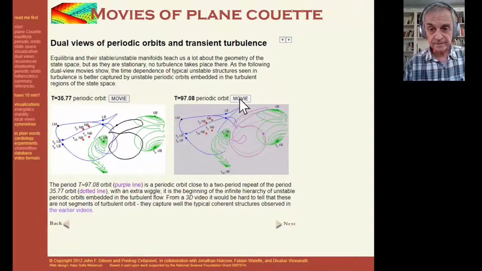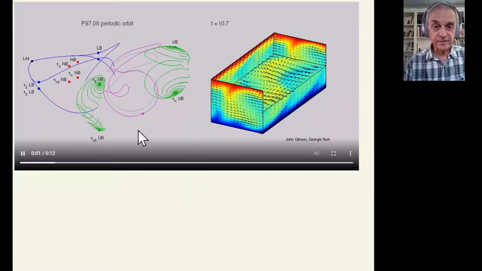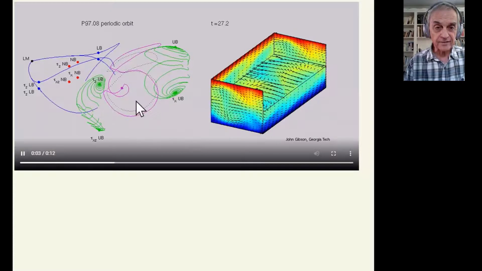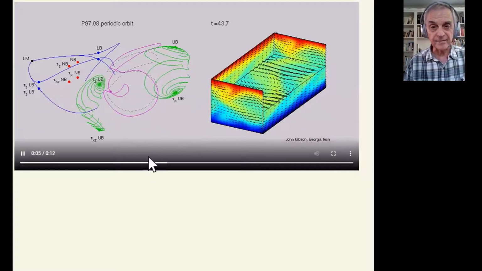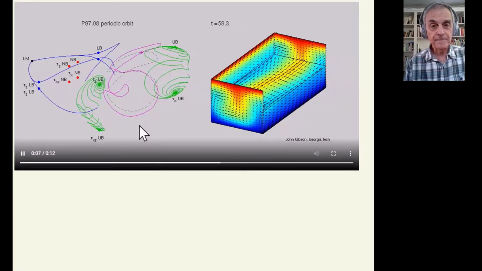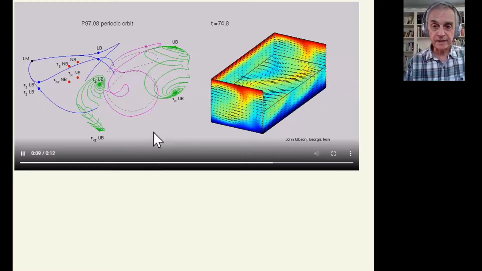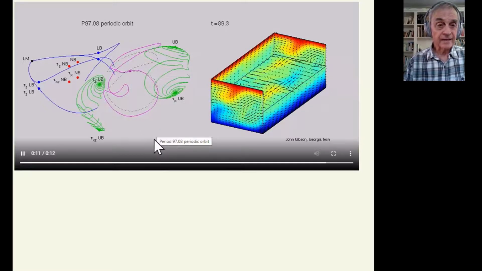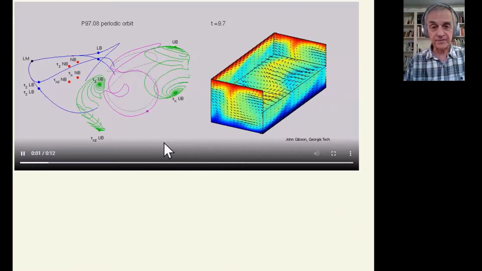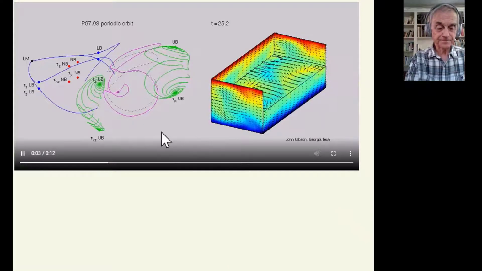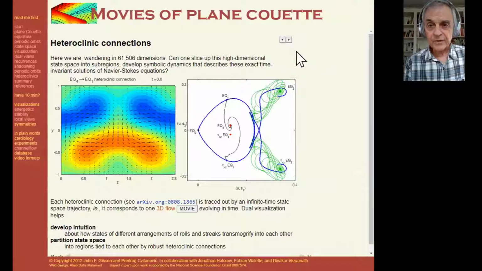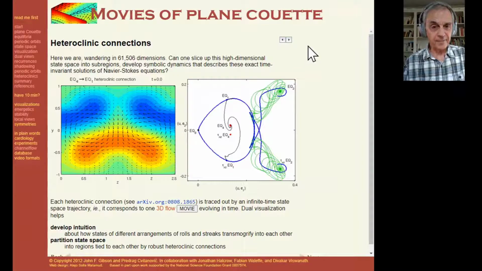So here's another example. This is a solution that does a little twiddle dance, doesn't have a symmetry, goes over there. So it's different from the one I showed you before. And it's exploring a different part of the state space. So we have amazing, powerful tools to map out turbulence and illustrate it.